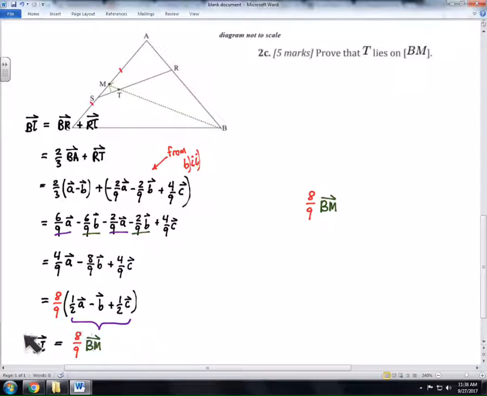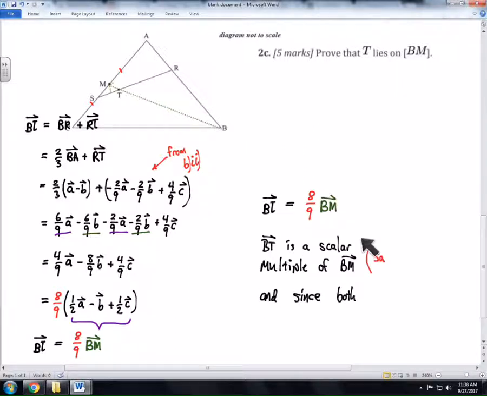So at the end of the day, we have this conclusion that vector BT right here is 8/9 of vector BM, which is really kind of what we need because we have two conclusions. The first is BT is a scalar multiple of BM, and what that means is it's going to go in the same direction. So BM and BT are in the exact same direction.